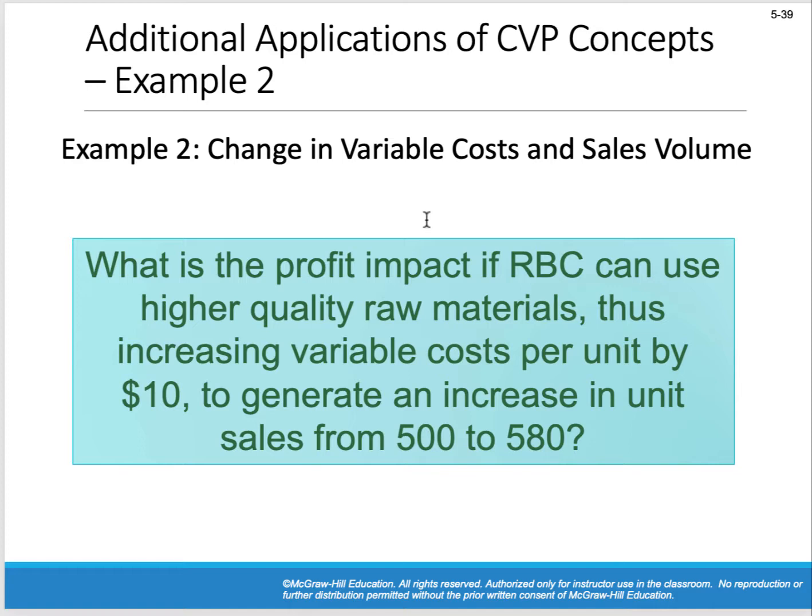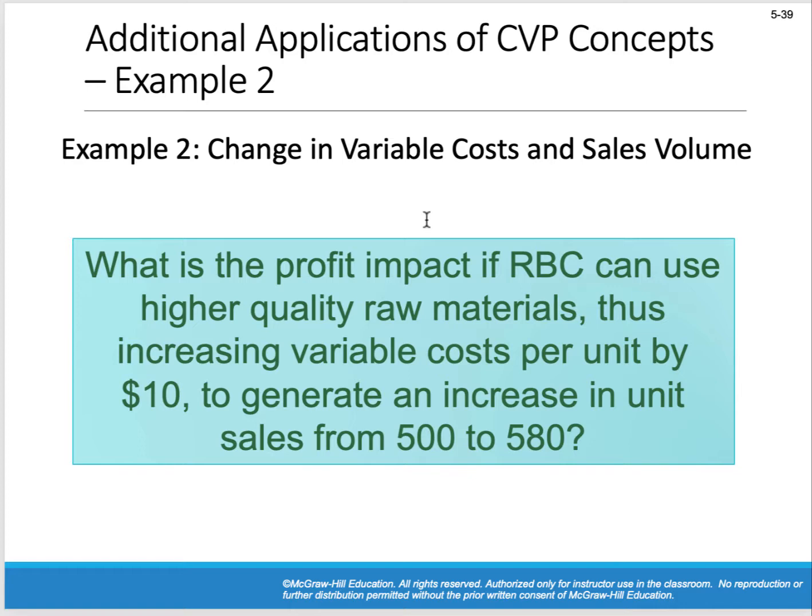By using these higher quality raw materials, that's going to change our variable cost. Because we're using higher quality, presumably, the cost of raw materials is going to increase on a per unit basis. Keep that in mind. In total, variable costs change with changes in levels of activity. On a per unit basis, they normally remain the same.